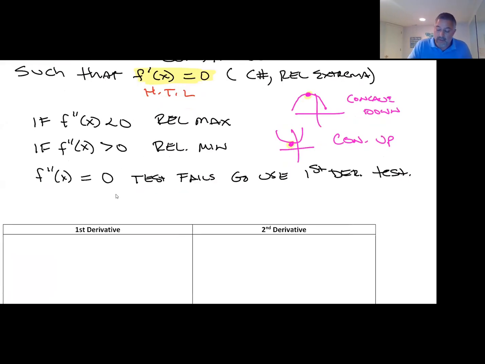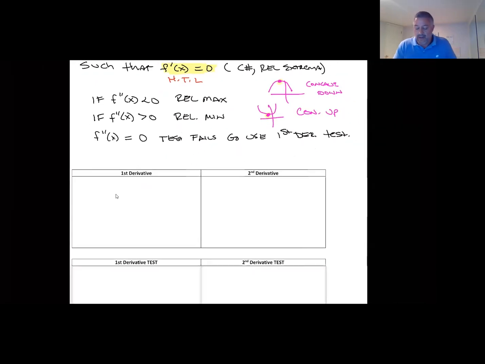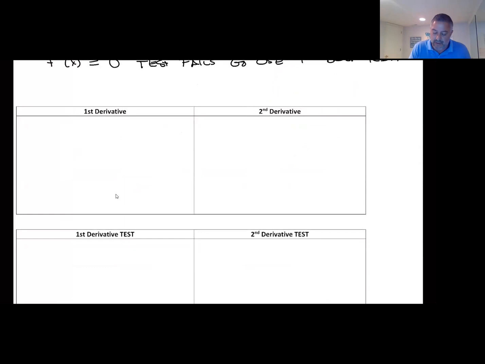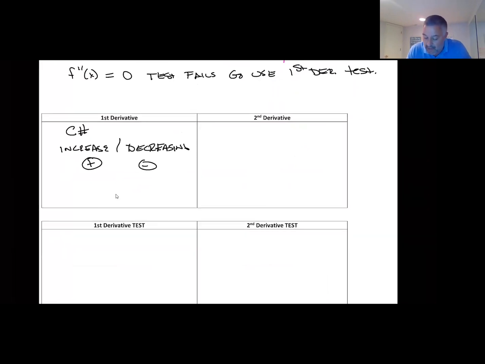Okay, so let's discuss everything we've done so far to this point. If I take the first derivative, I get critical numbers, I get increase, decrease, and that is when I am positive versus negative. Second derivative, I get possible inflection points.